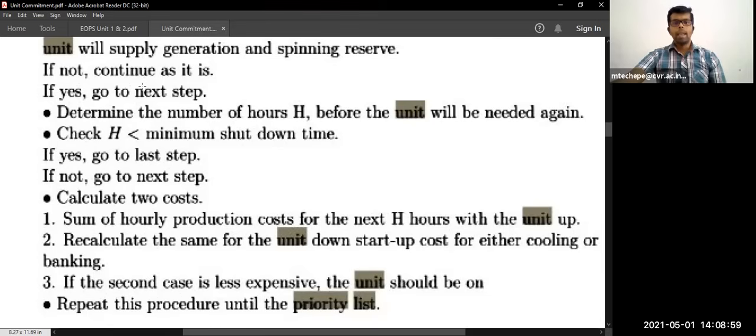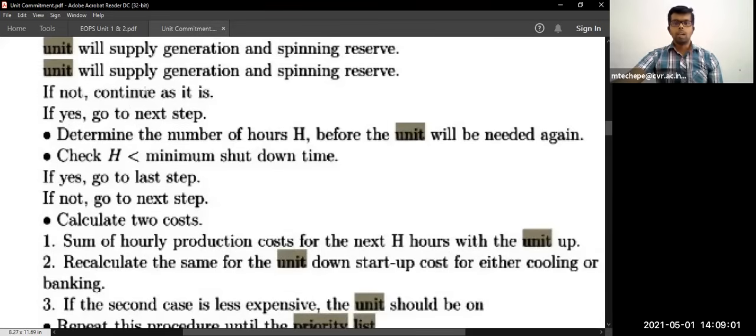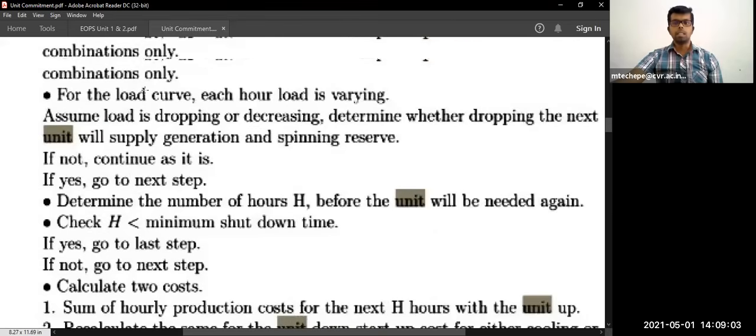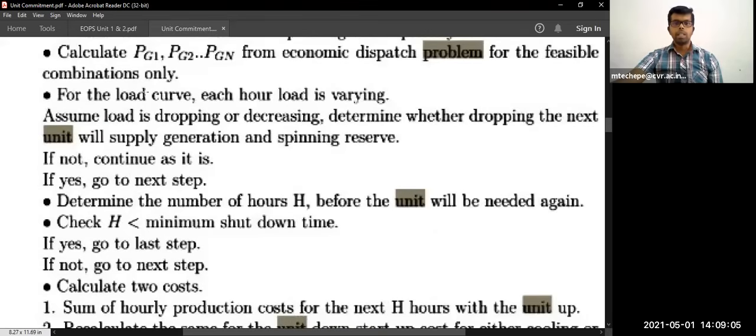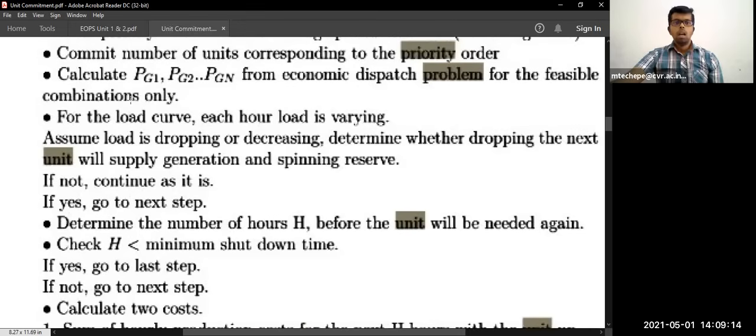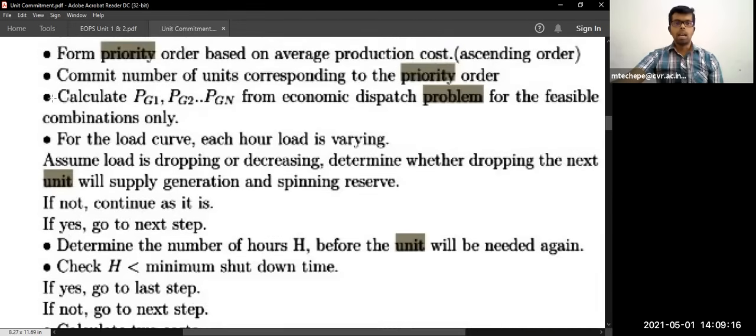Sometimes they may ask you to derive the general formulation for the unit commitment problem, or what are the steps involved in solving the unit commitment problem by using the priority list method. So you have to write all the assumptions.